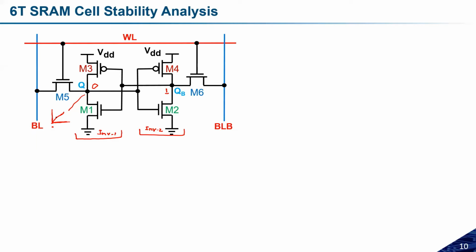But once it reaches a certain threshold voltage, the change at Q will trip the logic at QB, because Q acts as an input for inverter number 2. If the voltage at Q is more than the trip point voltage of inverter number 2, then that logic will change, and if QB is changing, that will again trigger Q to settle down to the other state. So this is how we are going to create the noise.